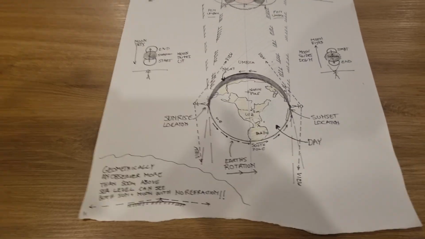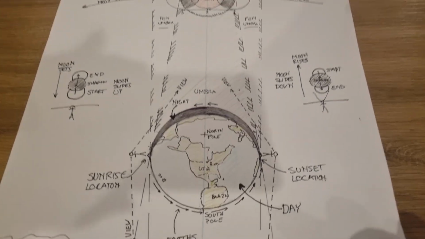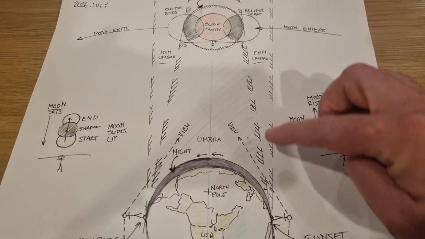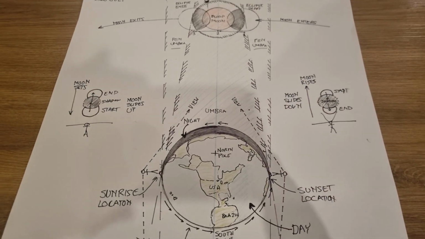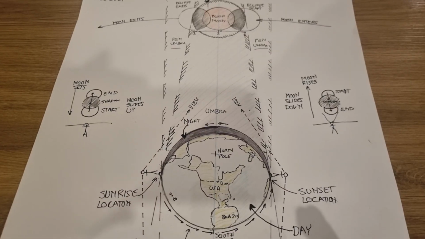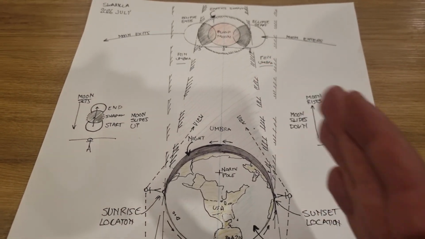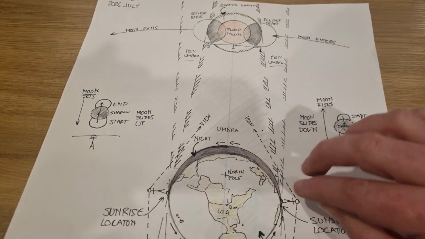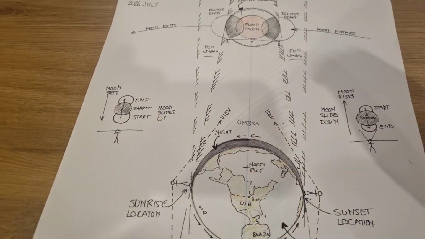Okay. Now, some of these lines, what we've got here are two lines. Because the sun is bigger than the earth, geometrically there will always be a bit of an overlap of light that comes around from one side and takes away some of the shadow on the left and takes away some of the shadow on the right.